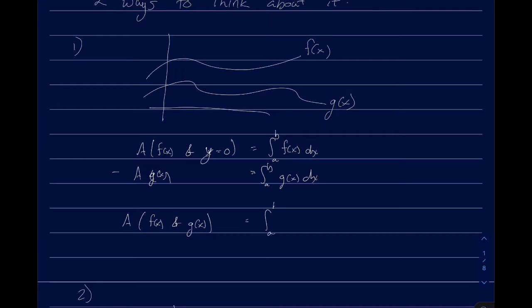And by linearity, we can just go ahead and take the integral of f of x minus the integral of g of x and bring that all under one integral, which is f of x minus g of x dx. Okay, and that is one of the formulas for area. There's another one where we have y's, but we'll see in the second method that we end up getting the same integral.